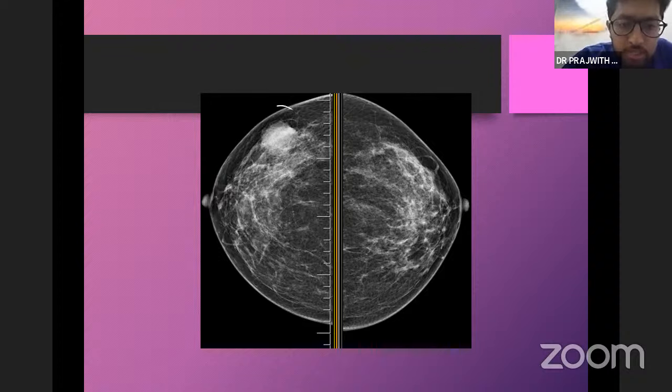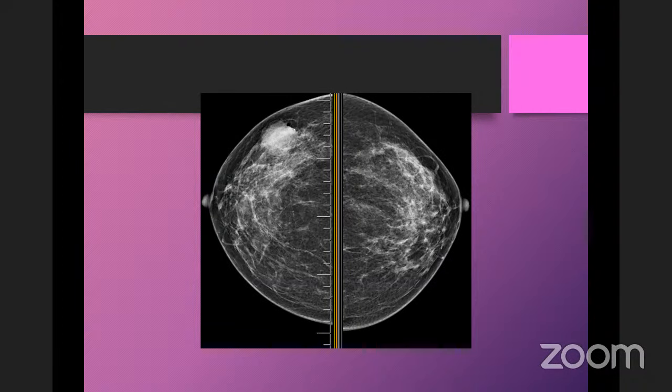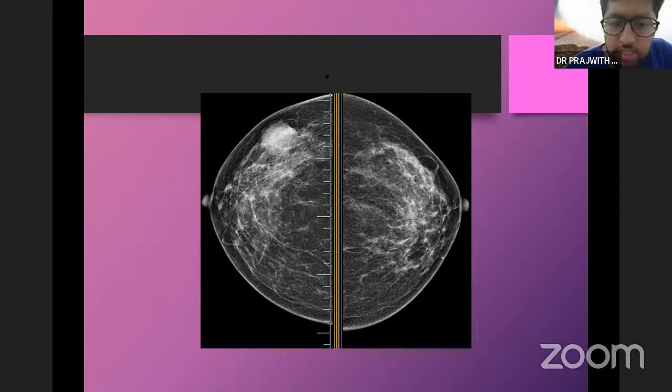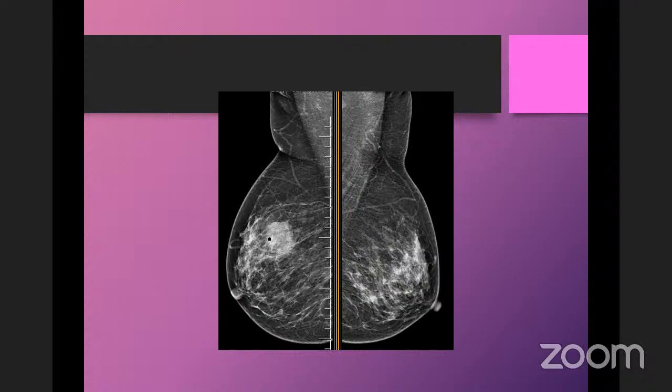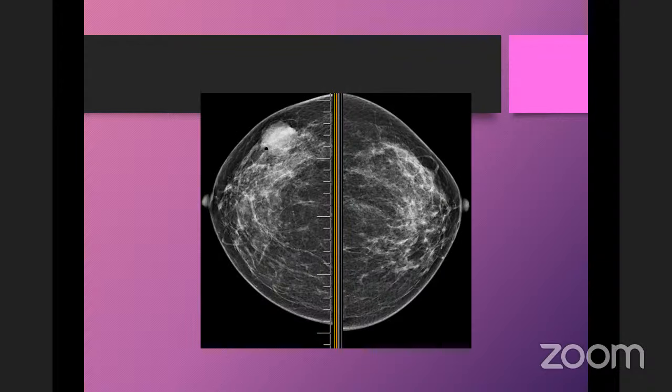Okay, so what are you seeing now? Is it a mass? Can I call it a mass? Yes, sir. It looks like a mass. It has a convex surface, right? Yes, it has a convex surface. What about this margin?